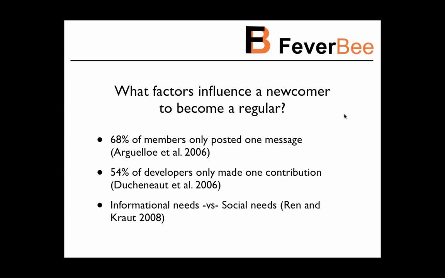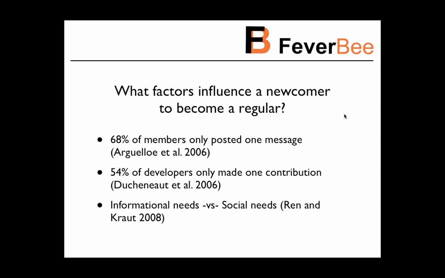So some relevant statistics here. First, in a study of one online community, Aguelo et al., I love academic referencing, by the way, showed that 68% of members in a Usenet community only posted one message. This was also supported by a community of developers, where 54% of developers, people that had joined the community, only made one contribution.